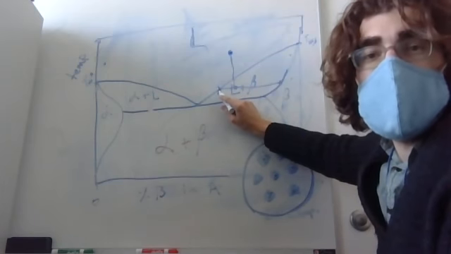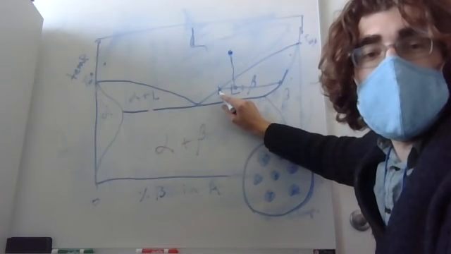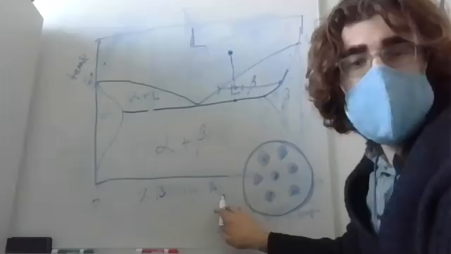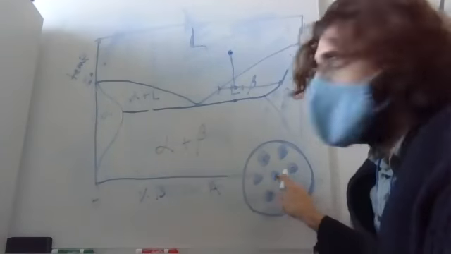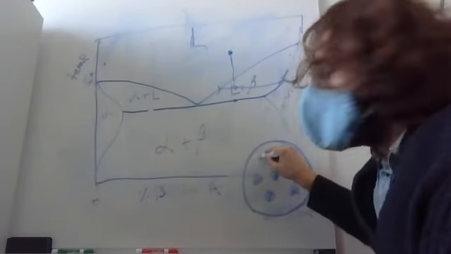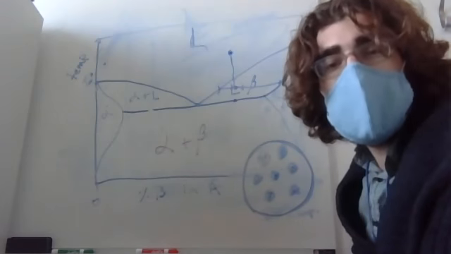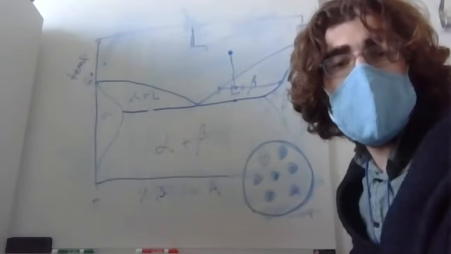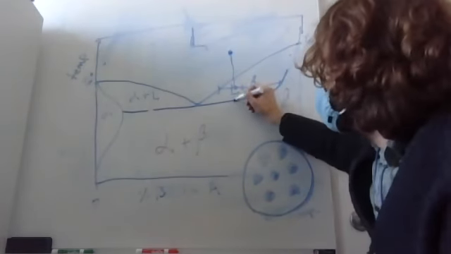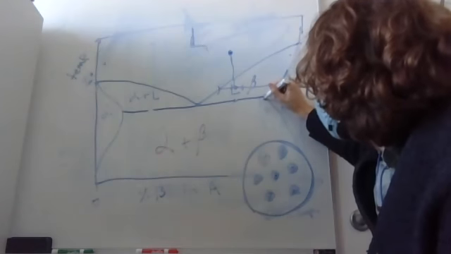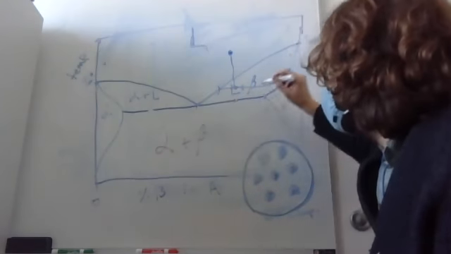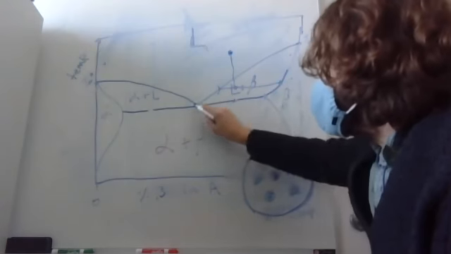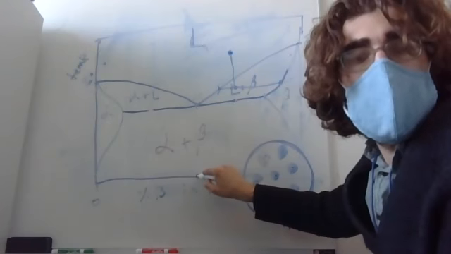So what ends up happening is that the liquid phase has a lot more of atom A in it than the solid phase. The solid phase is predominantly composed of element B, and we have the liquid that's predominantly composed of element A. At this point, right on this line, is where it's the most extreme, where the solid phase has this composition and the liquid phase has this composition.